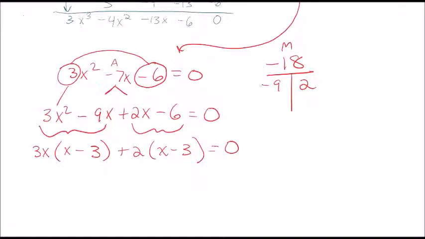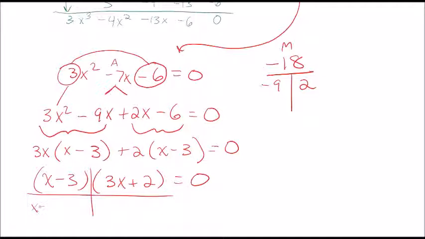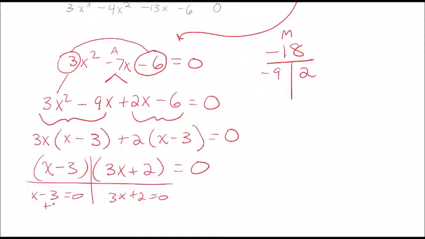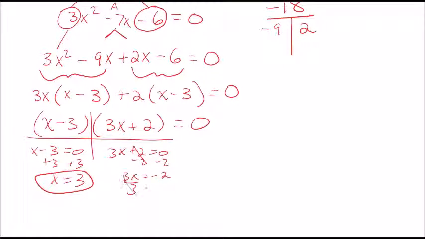So then I factor out from those two terms that x minus 3, and that leaves me with 3x plus 2. And then I just set each one of those equal to 0. And I'll solve this, and over here we'll get x is 3, and then right here I'll get that x is equal to negative 2/3.